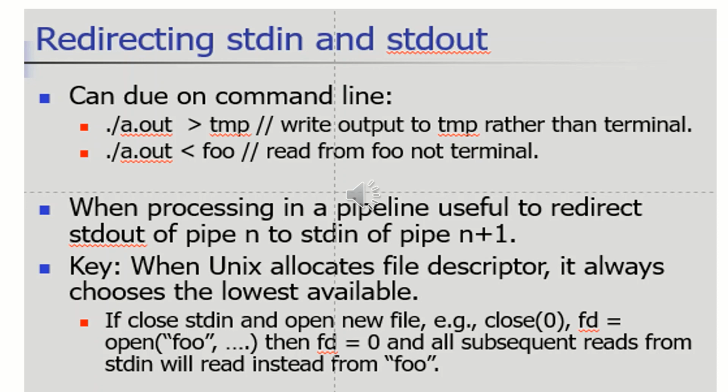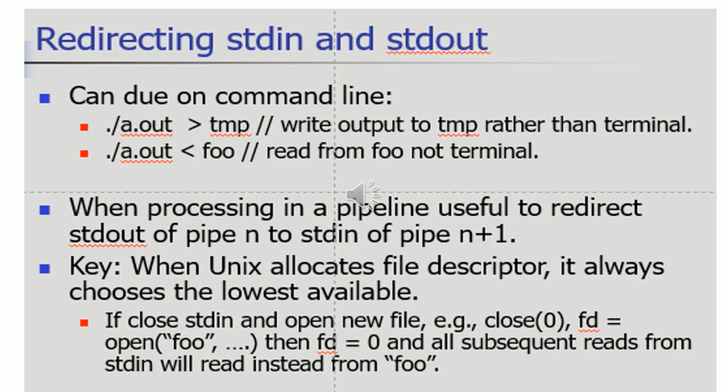When processing in a pipeline, it is useful to redirect the standard out of command n to the standard in of command n plus 1. In such examples we use file descriptors: fd0 for input, fd1 for output, and fd2 for standard errors.